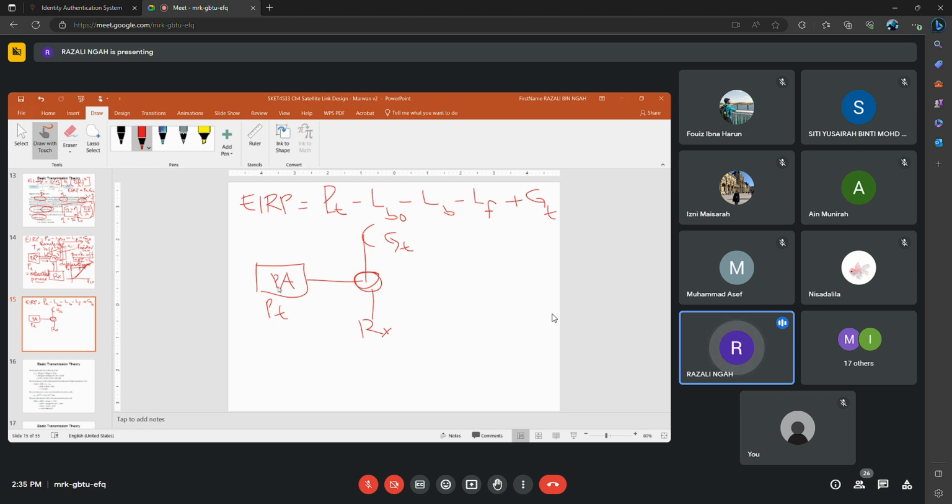So if you are given back off loss, branching loss, and feeder loss separately, then you have to take into account all the losses. So this EIRP is from the power amplifier until the transmitting antenna gain. As I said, EIRP refers to the transmitter side.